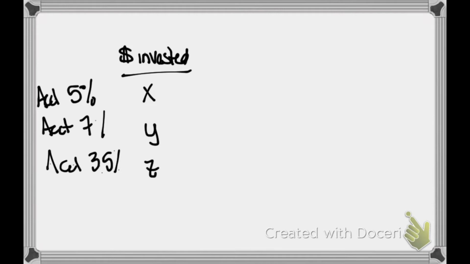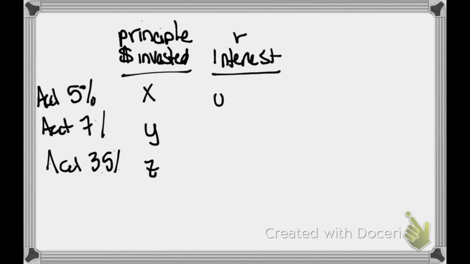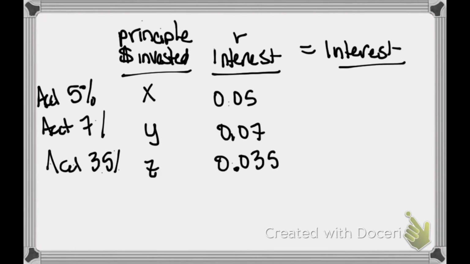So here is basically my principal, the amount invested. I'm going to write my rate in decimal form. Well, I know the interest is principal times the rate, so I could write it as x times 0.05, but that just looks silly because with a coefficient I usually put it in front.